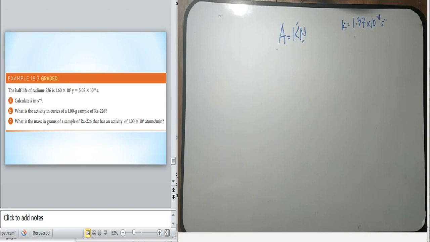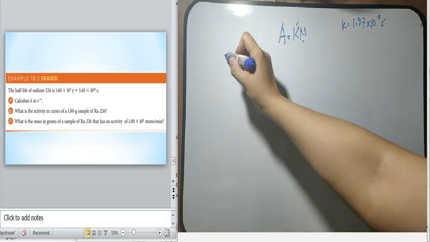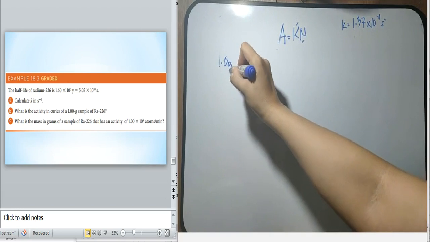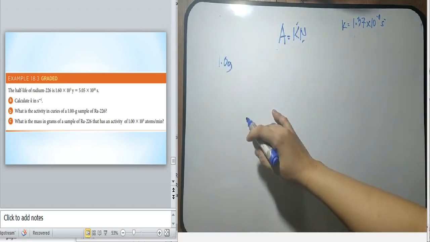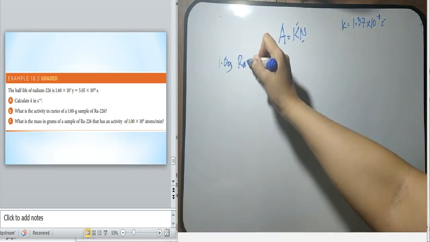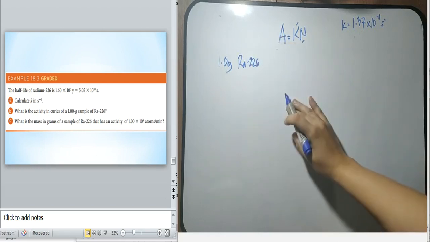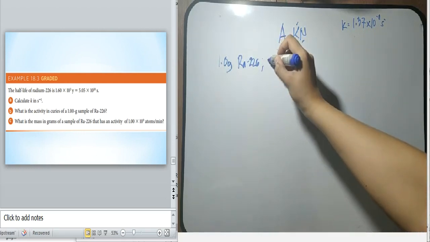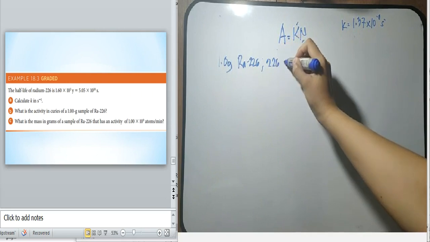So we are given 1 gram of radium 226, and we have 226 grams per mole technically.